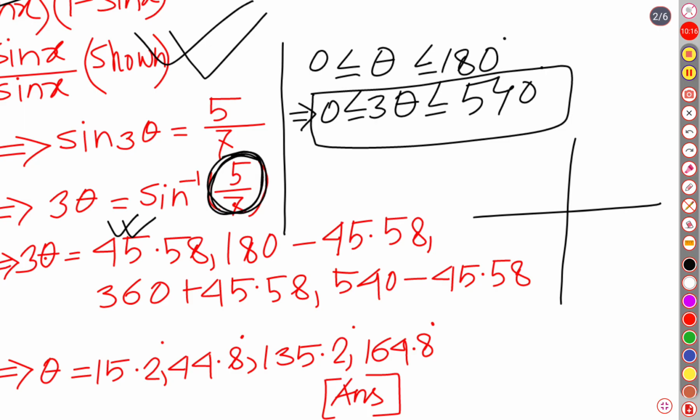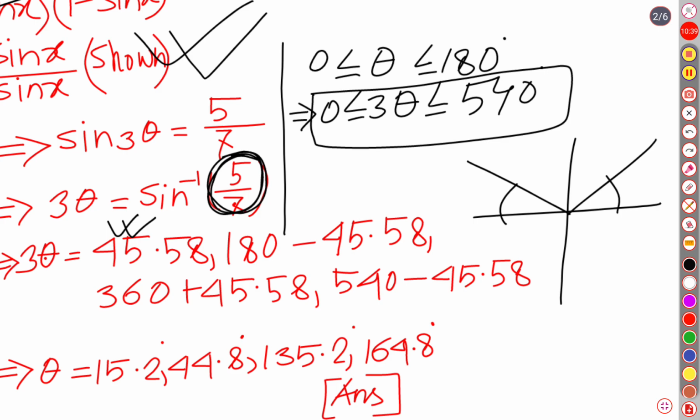For a positive value we will move only in the anti-clockwise direction. Remember, for positive value we move anti-clockwise, for negative value we move clockwise. And for a sine positive value the angle falls in the first or second quadrant.